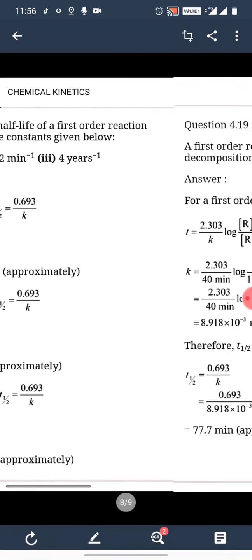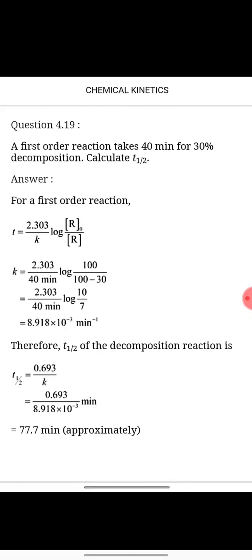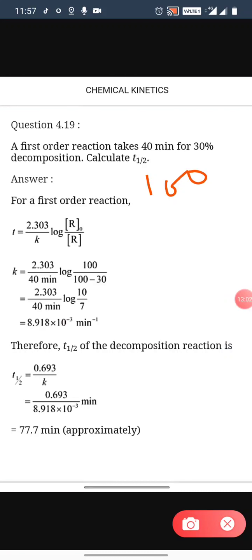Next numerical is: a first order reaction takes 40 minutes for 30% decomposition. Calculate T half. Yes, the first order reaction is undergoing 30% decomposition. That means if the initial concentration you are taking as 100, when we are talking about percentage, obviously the initial will be 100.